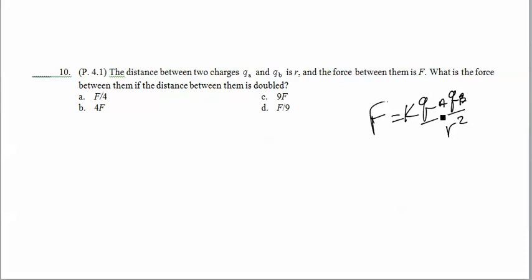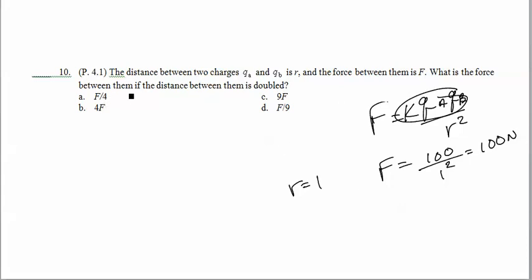Well, we're not talking about changing the stuff up on top. So let's just give it a number. We're going to say the top number comes out to be 100. And let's say in the first case that R equals 1. Well, it would be 100 over 1 squared, or 100 newtons would be the force.